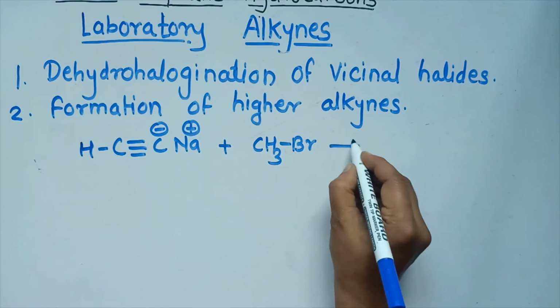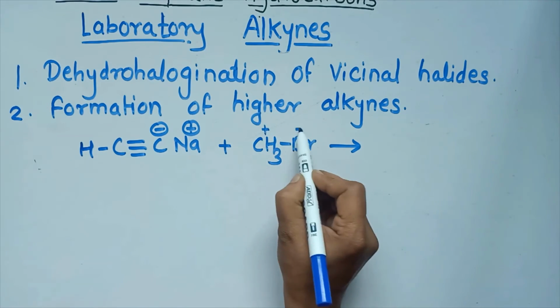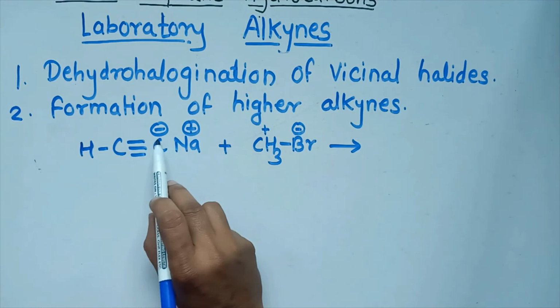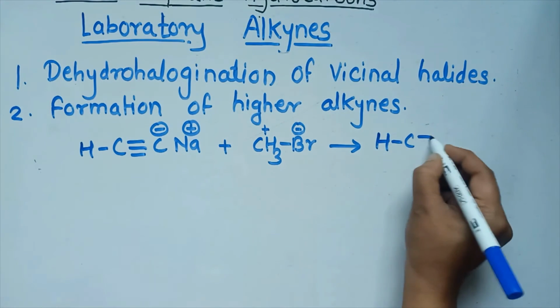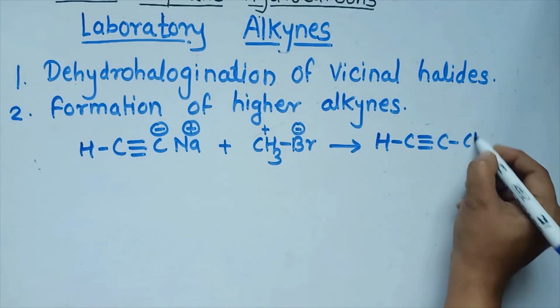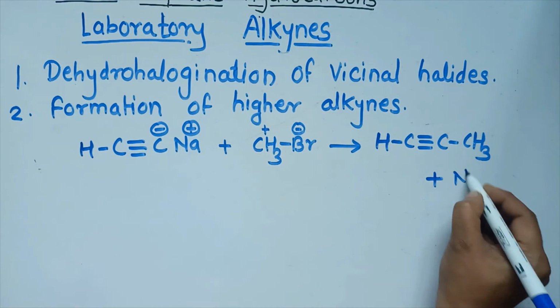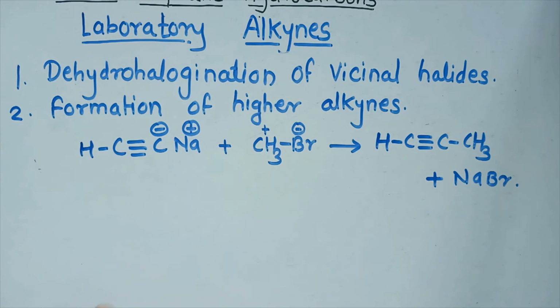What happened here? Here this is a positive charge, this one is a negative charge. So this positive charge gets attracted towards the negative, so there is a formation of the product and NaBr as a byproduct.